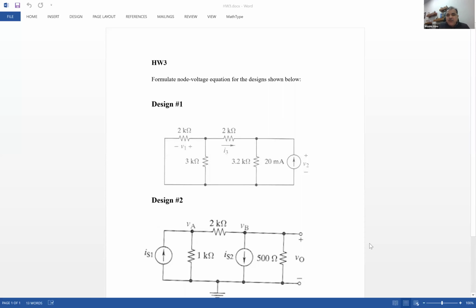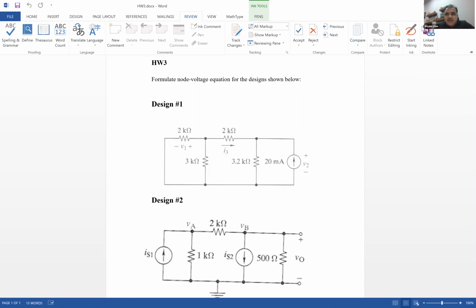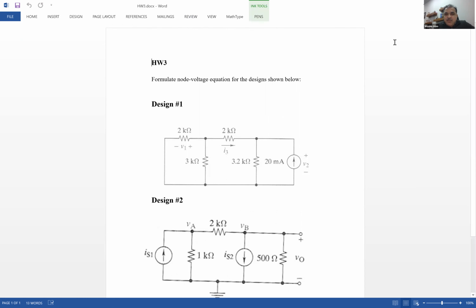Okay, so if you look at the problem that we just solved, let me just share my screen here. It looks awfully similar to this design problem number 1.